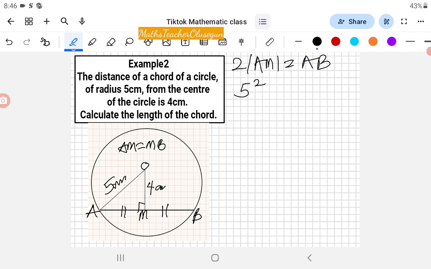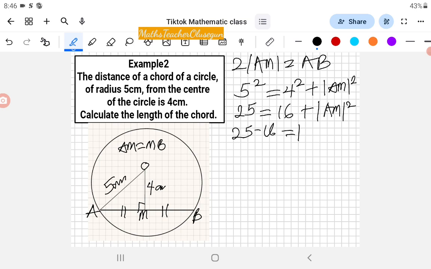In considering triangle AOM, by applying the Pythagoras theorem, we have 5 squared, that is the hypotenuse squared. What is the hypotenuse? It is the side facing the right angle in the right-angled triangle. It is equal to 4 squared plus AM squared. So we have 25 equal to 16 plus AM squared. So 25 minus 16 is equal to AM squared, which gives 9.